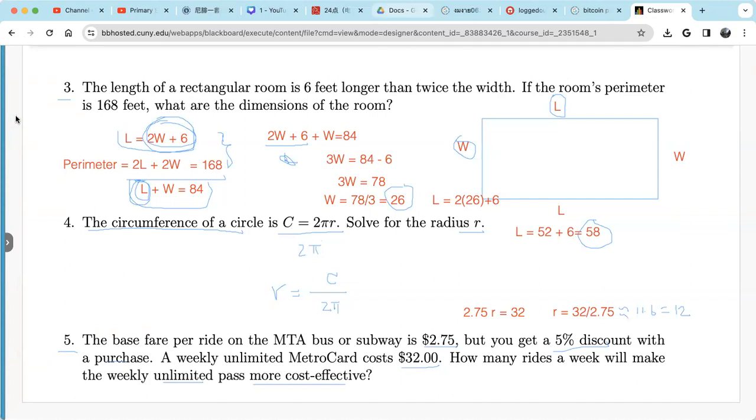So our answer should be: the number of rides is greater than or equal to 12. Because if you make 12 rides or more, you save some money. So that's it. That's for classwork 6.